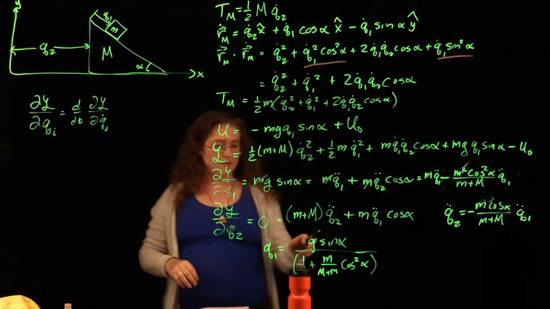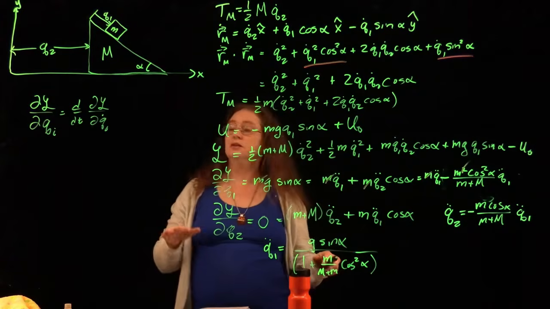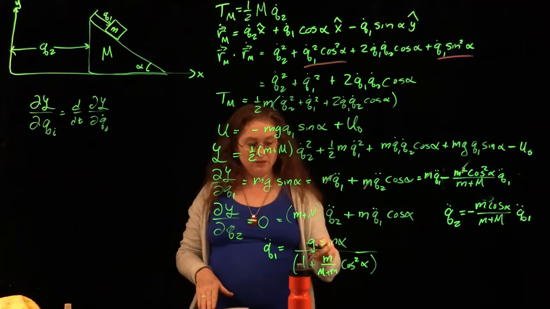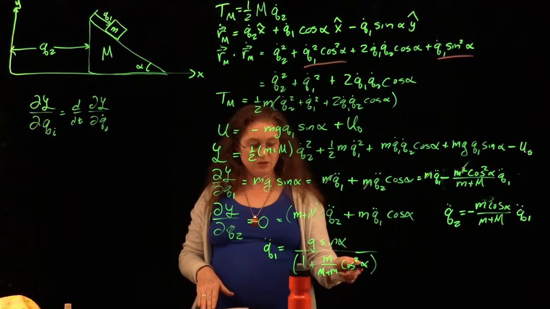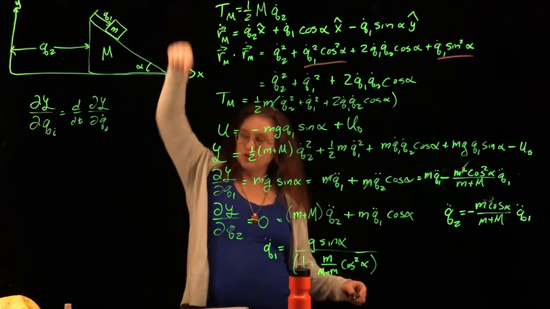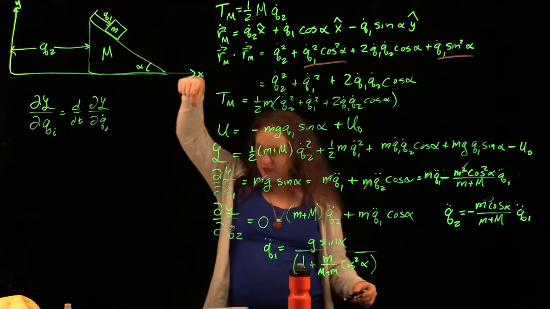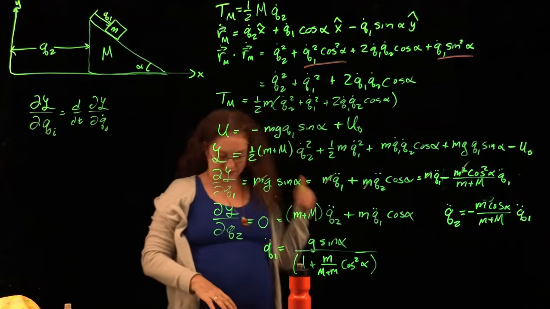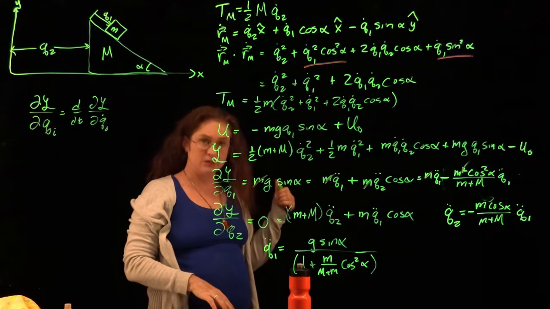And what happens there is cosine of alpha is 0, sine of alpha is 1, so q1 double dot is just g, and we've defined q1 so that it's positive pointing down in that case. That is what we want.